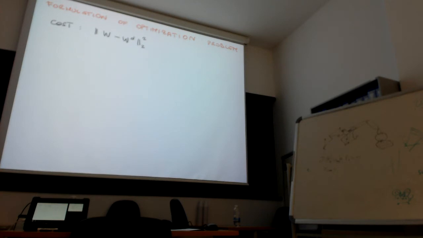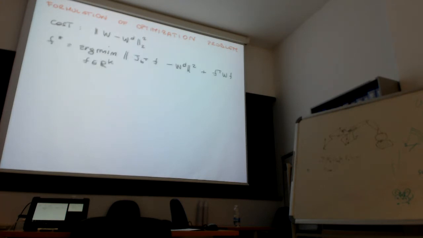And to do so, we cast the control problem as an optimization problem. The cost of this optimization problem we write as a two-norm, Euclidean norm of the wrench error.